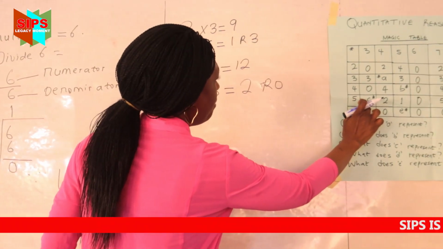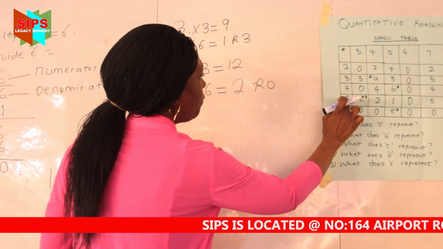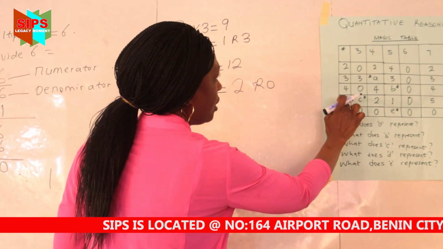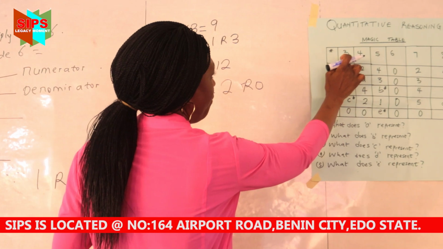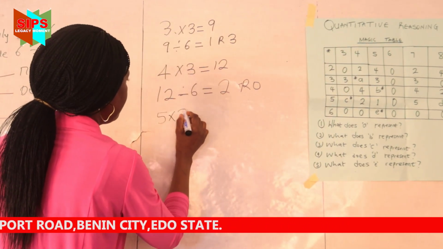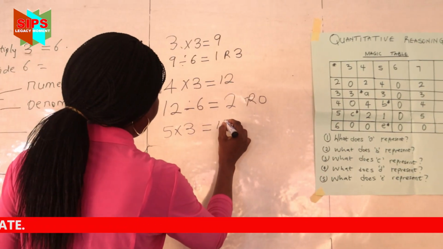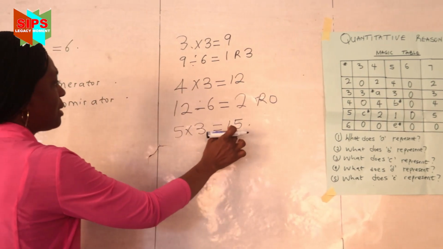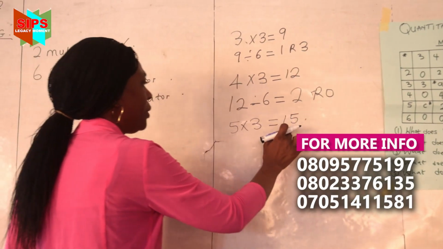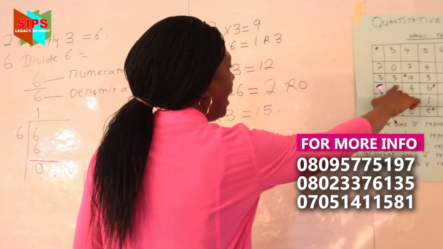So now let's look for this missing alphabet, which is C. We are also used to using the row, which is 5, to times the column, the first box in the column, which is 3. 5 times 3 will give us what? 15. Fine. Now that the answer is 15, we are using this 15 to divide our base 6 to get the answer in the magic table.